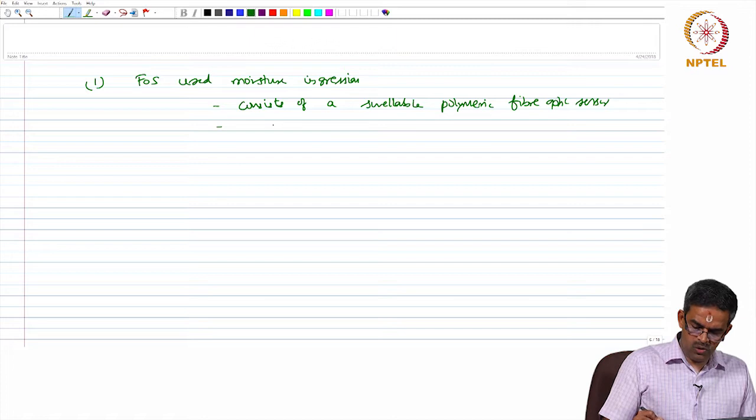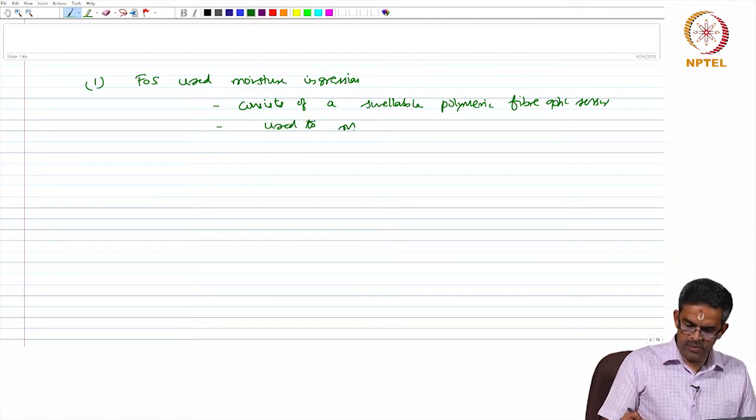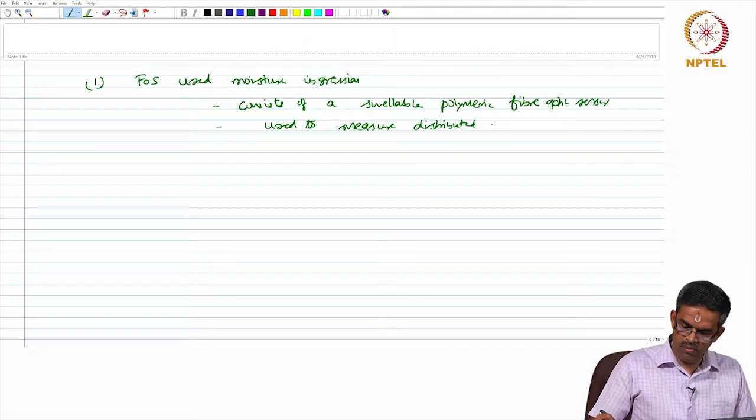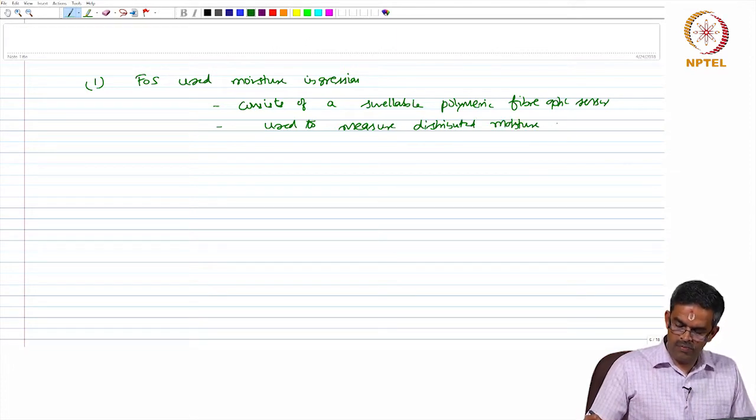This is used to measure distributed moisture formulation.